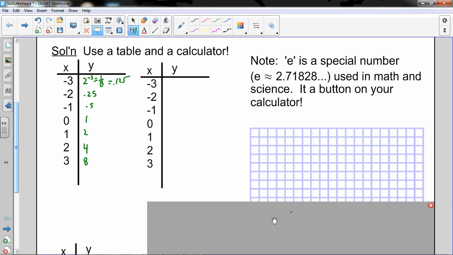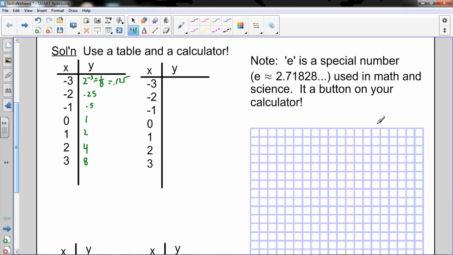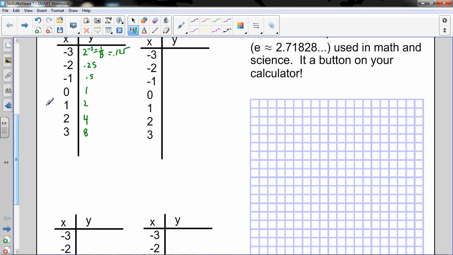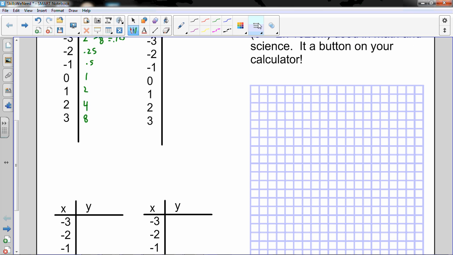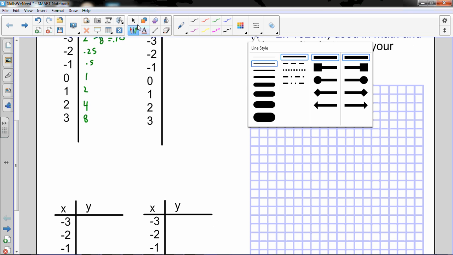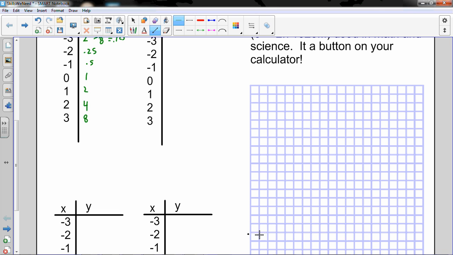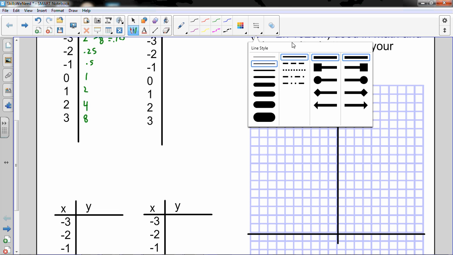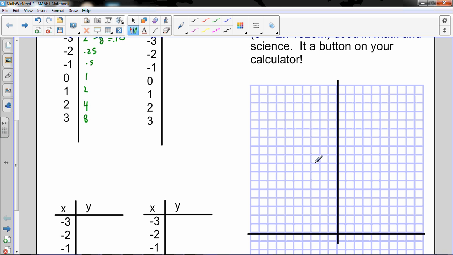All right, there's my graph paper, and this business is a bunch of notes for the other ones, but I'm going to graph this as well, noting that none of the outputs are negatives. So for the most part, I'm going to stick to positive y values. We haven't done many graphs like this, but it shouldn't scare us too bad. All right, so what kind of scale?